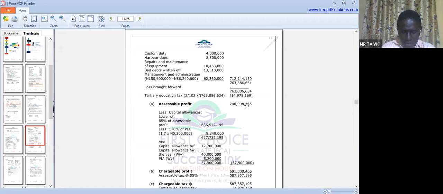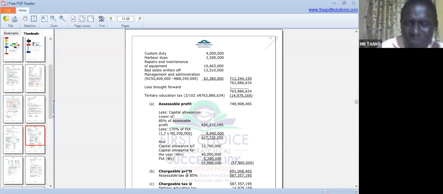After getting your assessable profit, we now want to get our chargeable profit. To get my chargeable profit from my assessable profit, I will need to less my capital allowance. The capital allowance is divided into two parts.